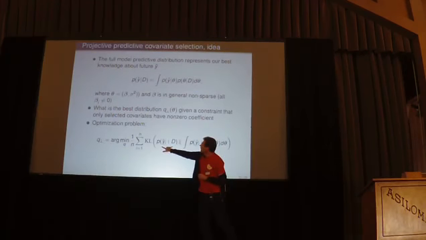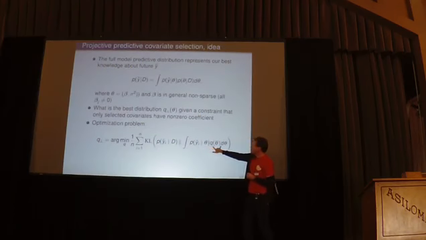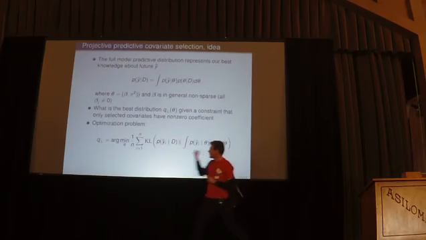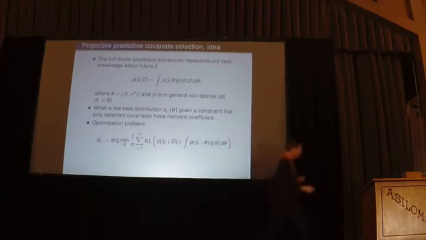This is obtained by integrating over the full posterior. This is obtained by integrating over the q, which has the constraint that some of the thetas have to be zero, but then we want to choose the q so that still for those non-zero thetas, this distribution is such that the KL divergence is minimized.